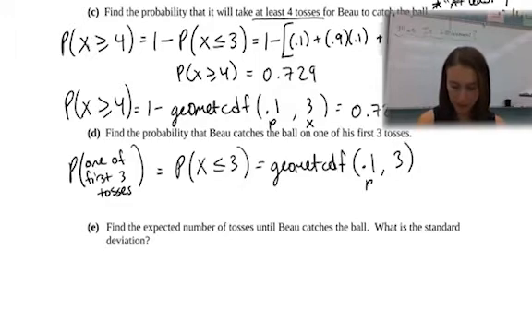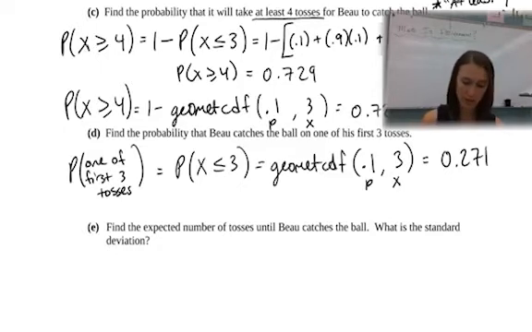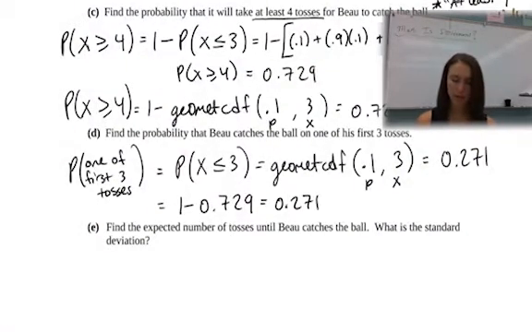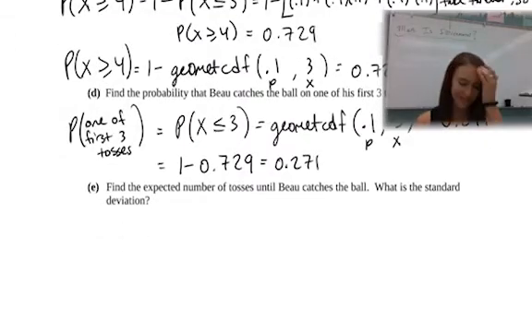And that was 0.271. We could have also just taken the fact that the opposite was calculated in the last problem. So I could have just said that this equals 1 minus 0.729 and used my work from the previous problem, since we already showed that work. So either one would have been fine, or you could show the whole formula.